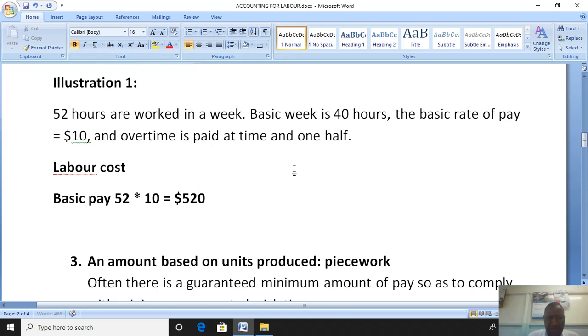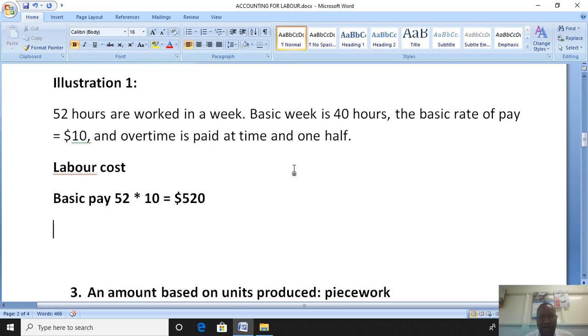So that's $520. Now we're going to add the premium for the overtime hours worked. So overtime hours worked were 12 hours. So we'll say overtime premium equals the number of hours worked, 52, less the normal hours that are supposed to be worked per week, that's 40 hours.